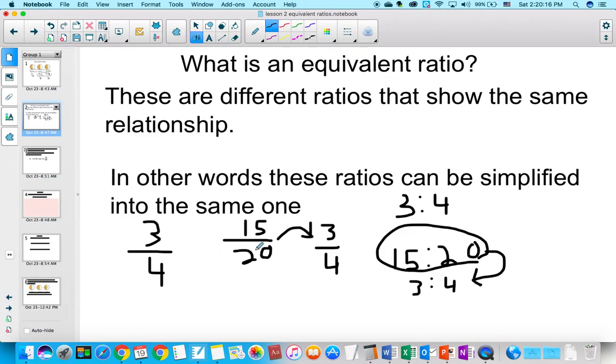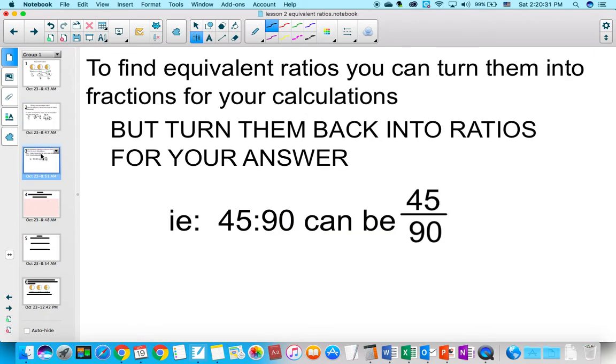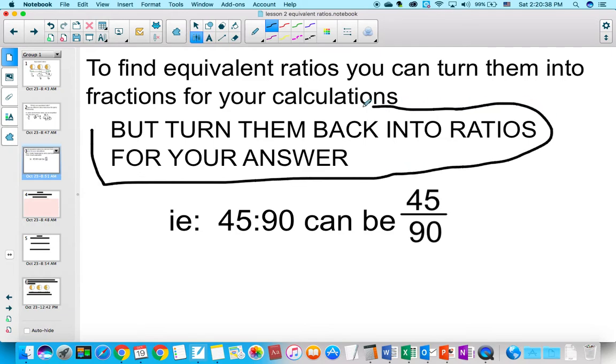So again, ratios are very, very similar to fractions, and so you can follow the same rules that you've used in previous years to simplify ratios. So to find equivalent ratios, you can turn them into fractions for your calculations, but please make sure that you convert them back for your answer. Remember, if you're going to turn a ratio into a fraction, turn it back into a ratio. Because if the question is dealing with ratios, it's going to ask you for a ratio as an answer.